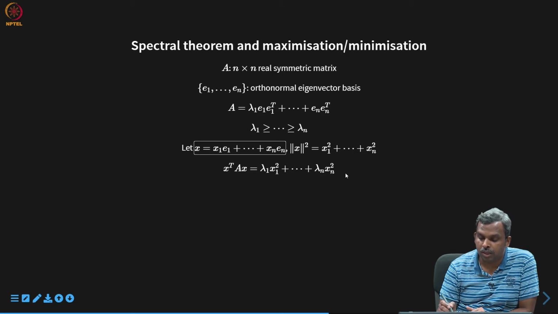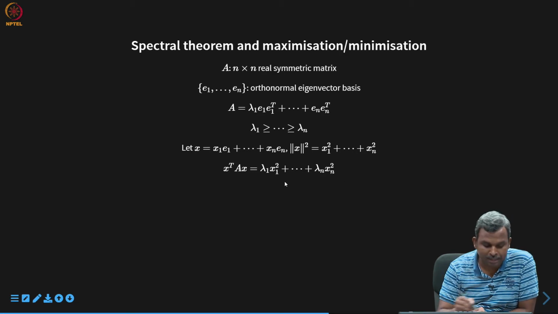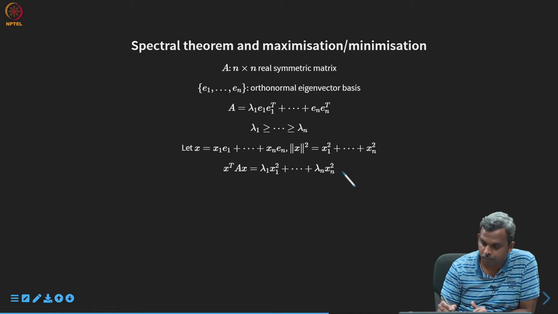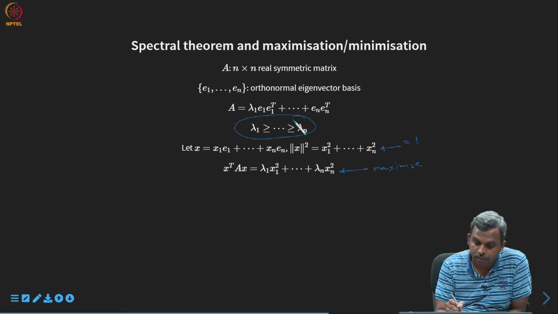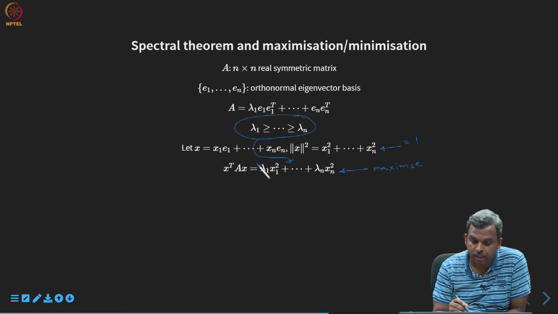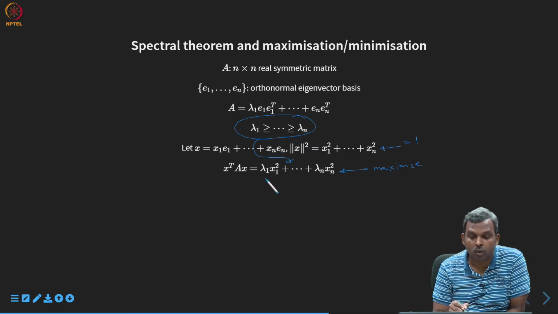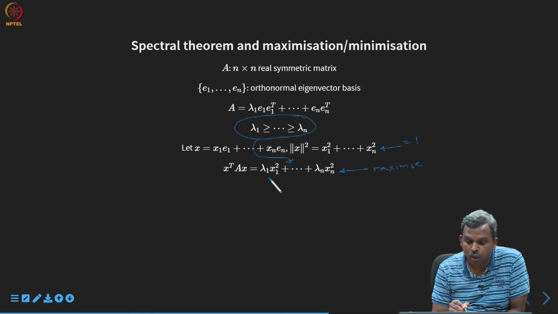Okay. So now this is our problem. Okay. So I want to maximize this or minimize this. Okay. Let's look at maximizing this with the constraint that this is equal to 1. Okay. And what do I know? I know this guy. Okay, this is very important. Okay, lambda 1 is the largest. Okay, so if I want to maximize this, what should I do?